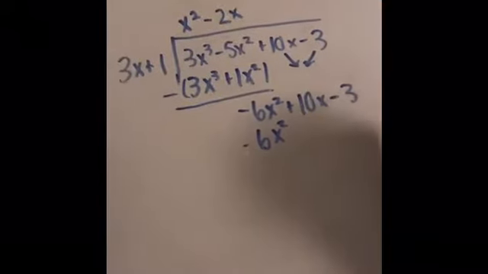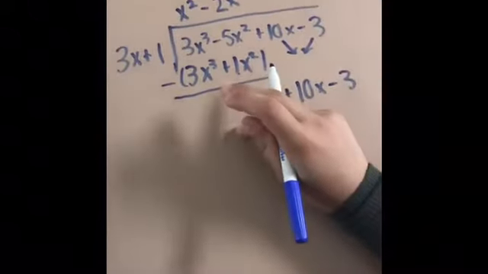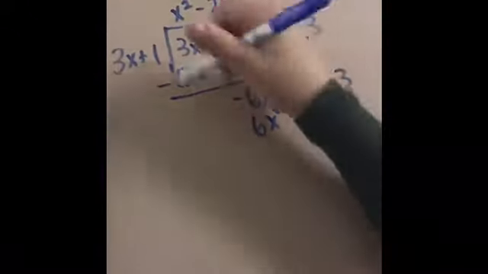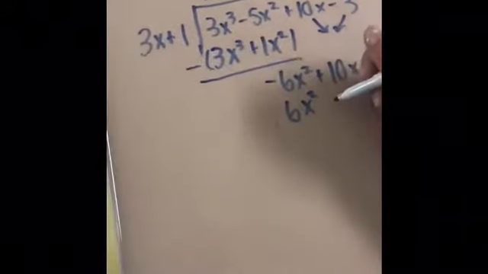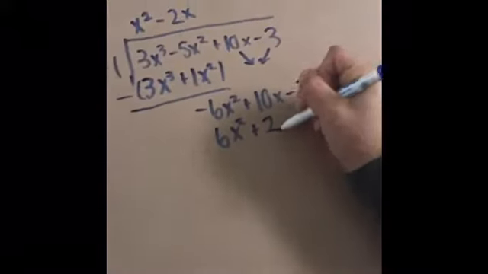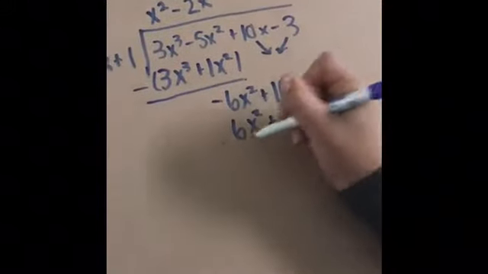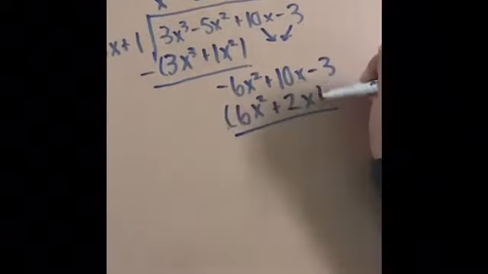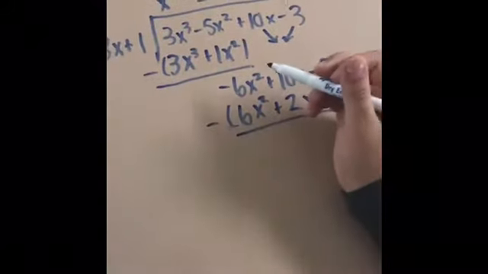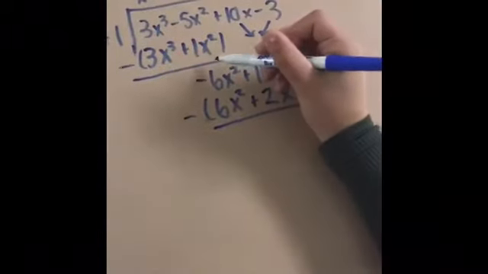And then you're going to times the 1 by the 2x, so then you add 2x. Then you're going to subtract, and the 6x squared cancel out.